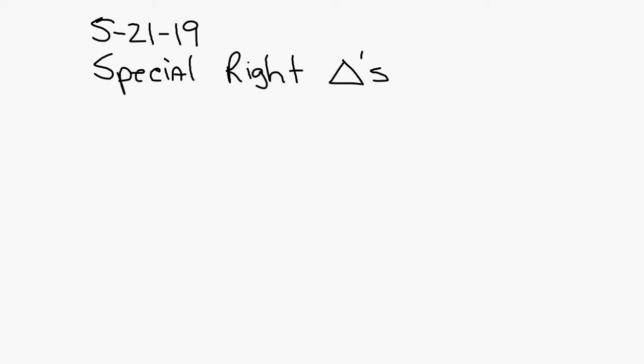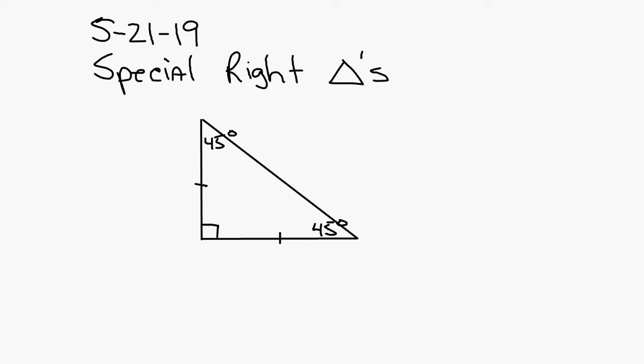Alright? In a 45, 45, 90, two of the angles are the same, which means two of the sides are the same. So in this case, if these two sides are the same, these two angles are 45 degrees. In a right triangle, if those two angles are 45 degrees, then the two legs opposite them are the same.